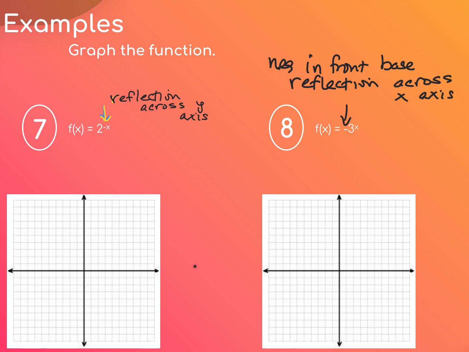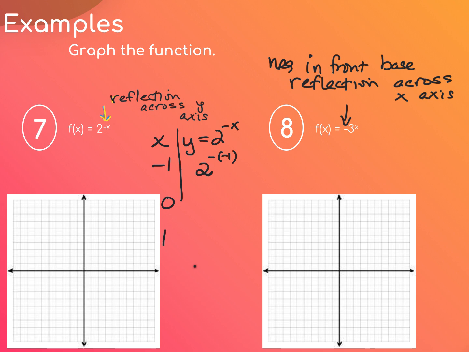So let me go ahead and do a chart for this function. y equals 2 to the negative x. I'm just going to plug in 3 numbers, -1, 0, and 1. So when I go to do this, be very careful. It's 2, and then the negative sign is there. But then I'm putting the -1 in for the x.